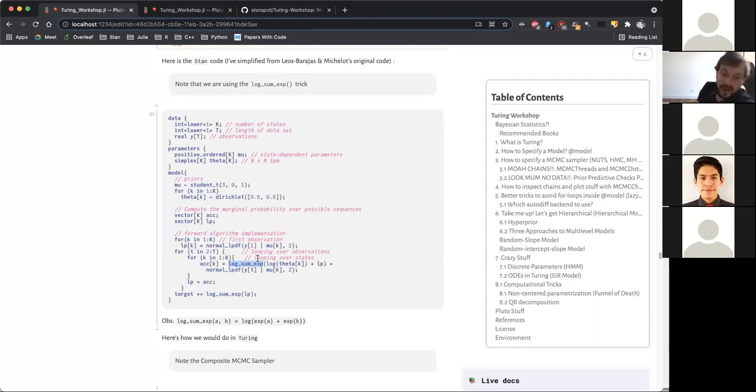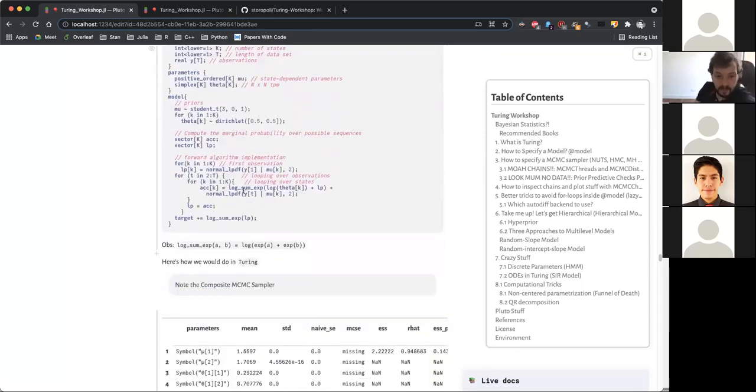So maybe I'll need some details on how to do a simplex using a Dirichlet in Turing. But that's it. Tor, who is one of the guys heavily involved in the development of Turing, will implement those things. And if anybody wants to contribute and help, you are most welcome to do so.